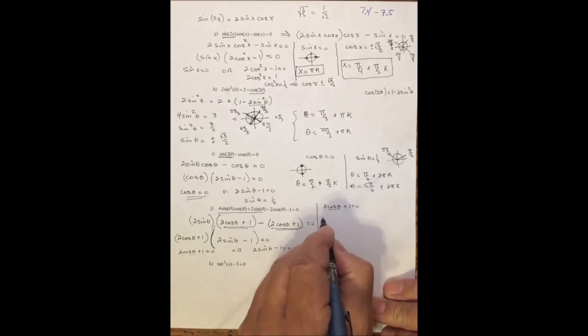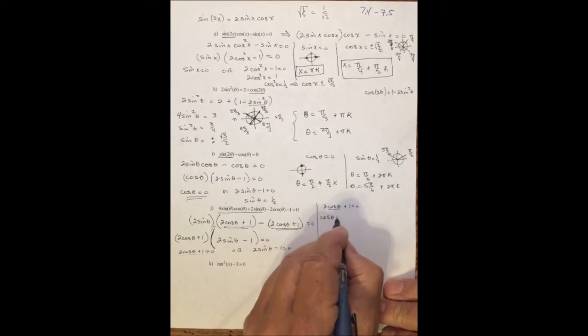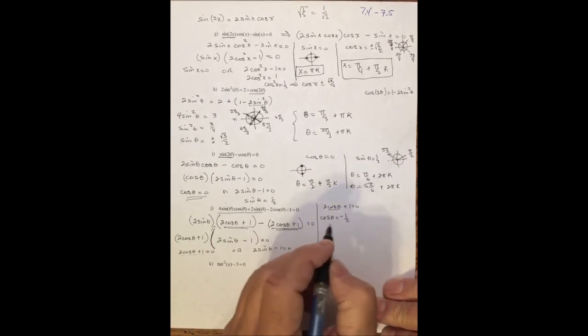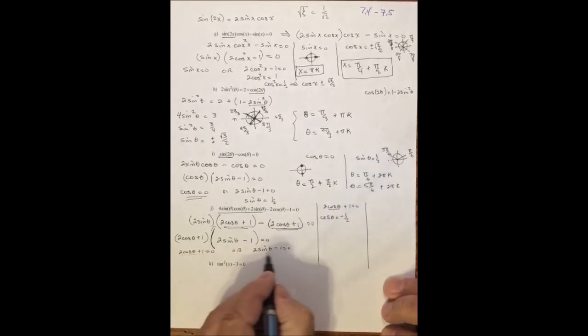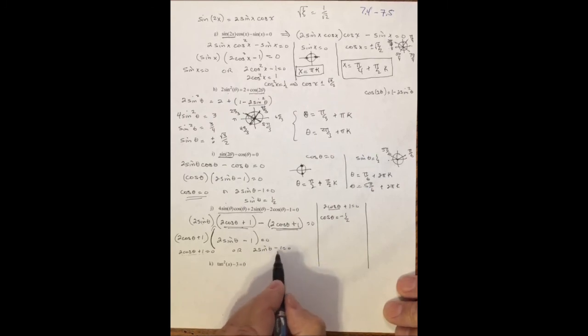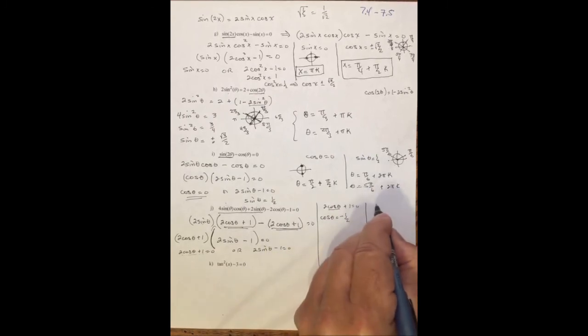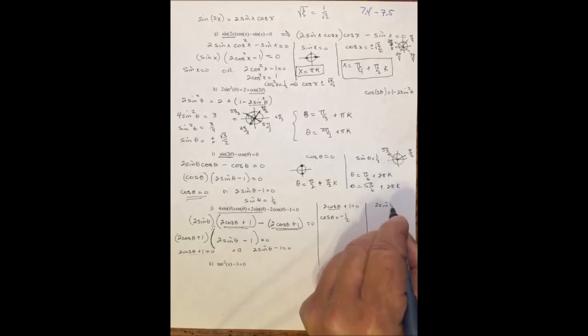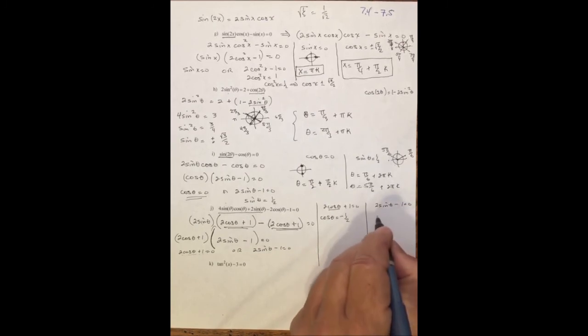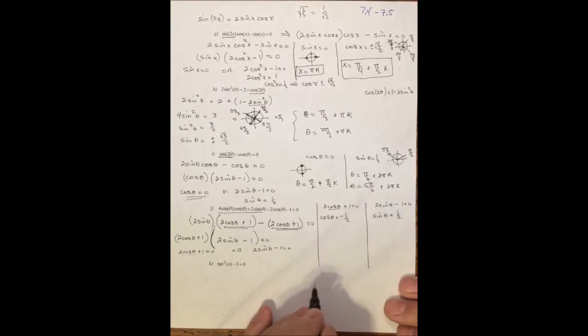Now, if I solve that for cosine theta, I get cosine theta is minus 1/2. Now, I'm going to do the same thing to this one. I like to do the same thing as I go through the problem. So if I solve that for sine theta, I get sine theta is equal to 1/2.